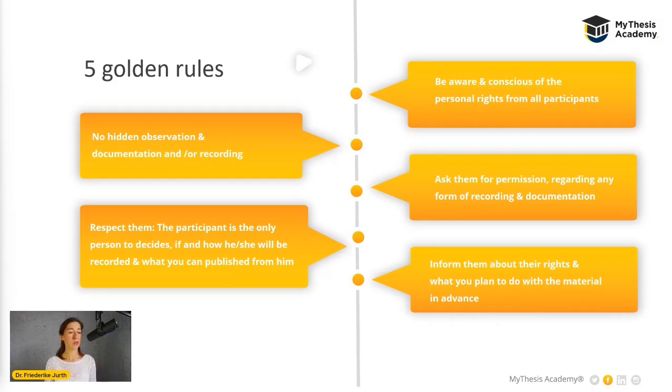So there are several possibilities of how to make somebody appear in your research project. And well, this is very important that you at any moment keep them informed, and not only after recording, but really before you start. So explain to them what you want to do and then ask them for their permission.